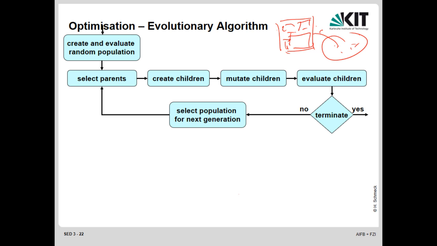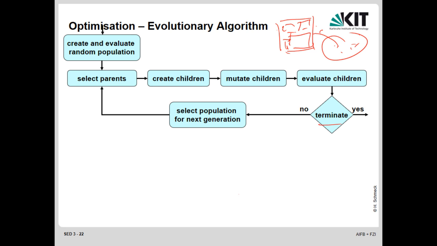So that's why we say we create and evaluate a random population. We know how well those solutions fit into that area, and then we select parents for combining the information from these different solutions, create children, mutate the children, modify some information in there, evaluate those children, and then we check whether we are satisfied with what we have got.